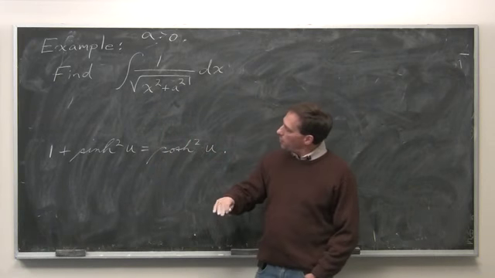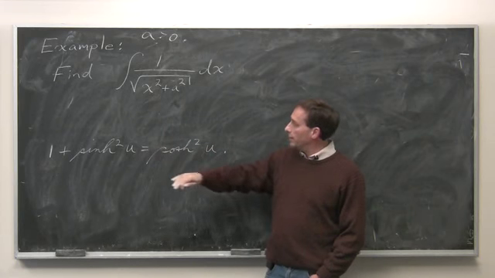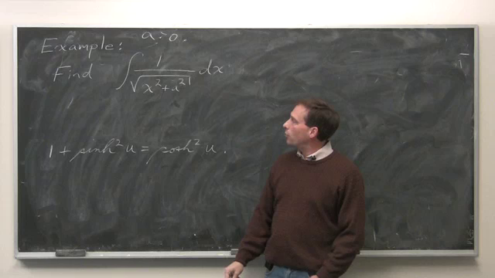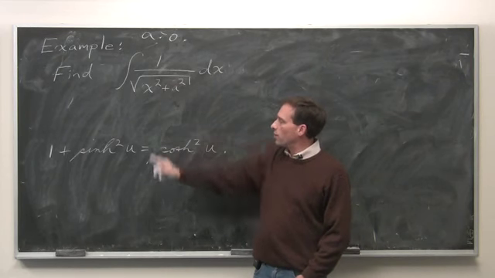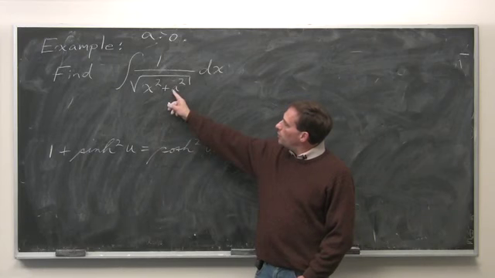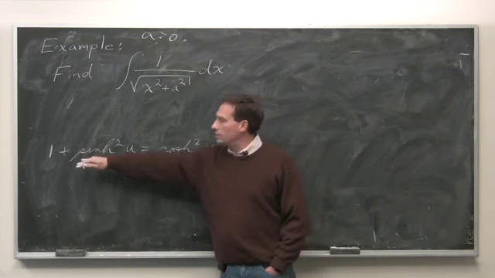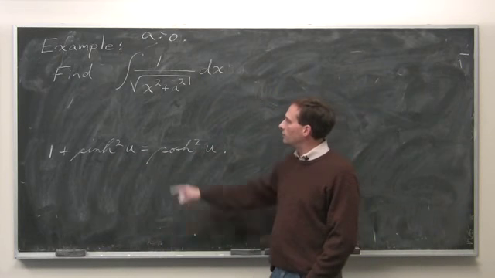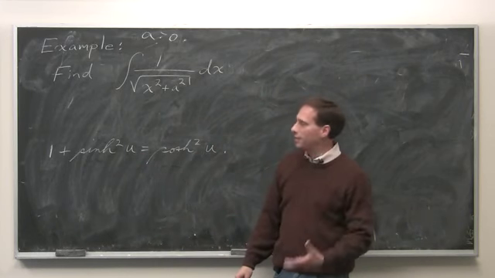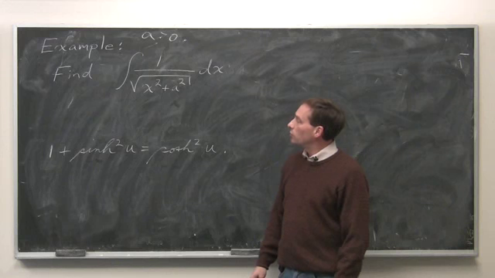Our fundamental hyperbolic trig identity is this one. How does that help you? What you try to do when you see something squared plus something squared under a square root, you want to make the thing under the square root essentially equal to this, but you also have to throw in a constant to factor out the a squared part. So that's what we do.